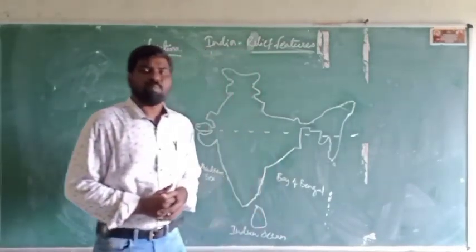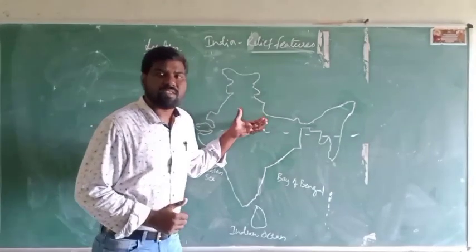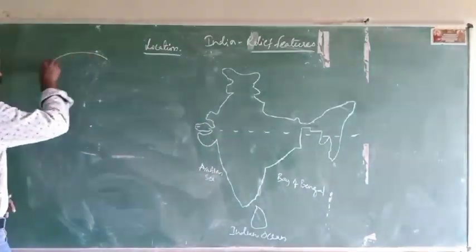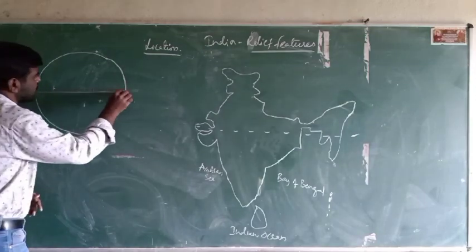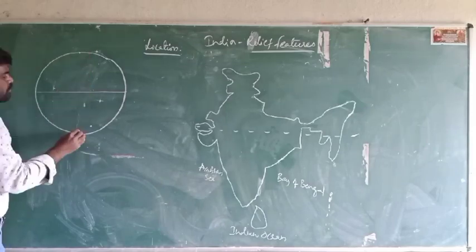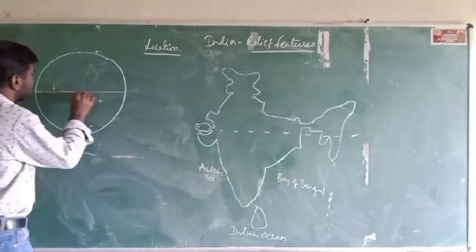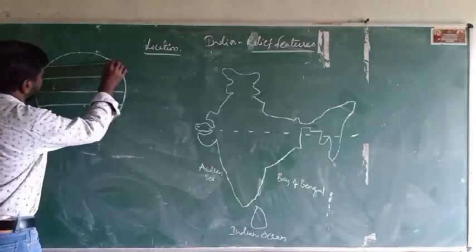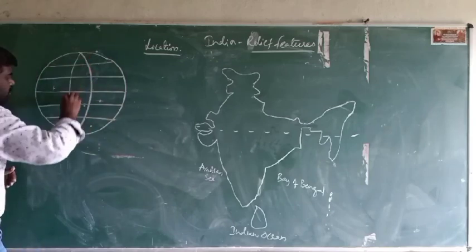Before discussing the geographical location of our country, let us discuss latitudes and longitudes. This is the model of our Earth. Our Earth is spherical in shape. These are latitudes, and these are longitudes.